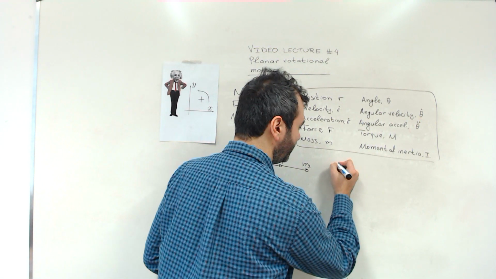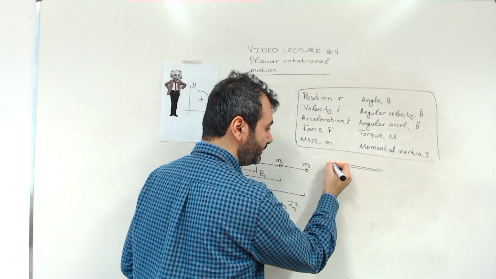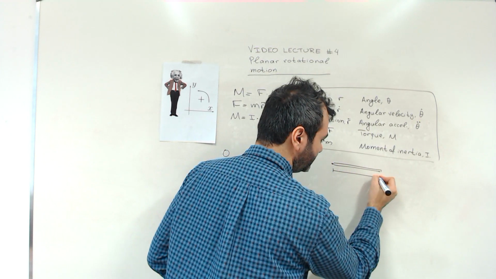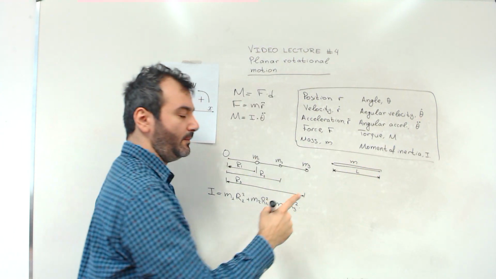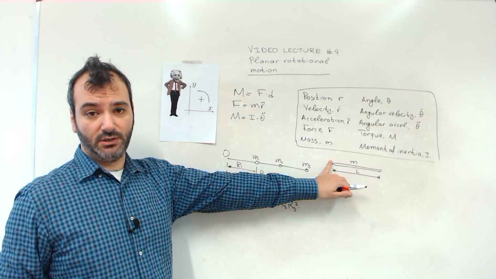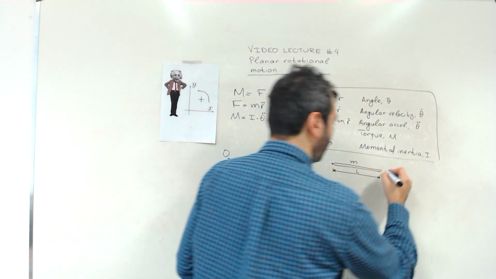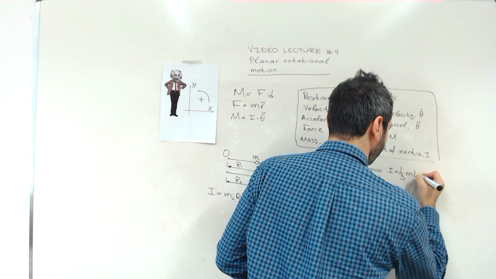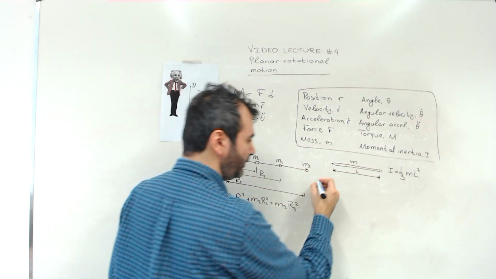So if you have a rod of length L and mass m, and the point of rotation is at the end of it, then the moment of inertia I is 1/3 ml squared. A few more examples.